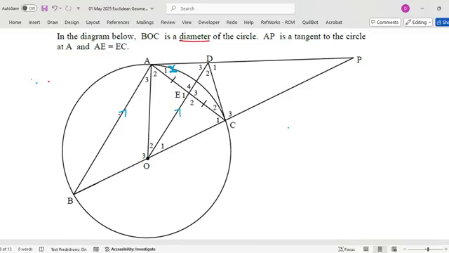Now, which other angle do you think is going to be equal to x? Isn't it B? B will be equal to x, and your reason would be? What will be the reason that B is equal to x?